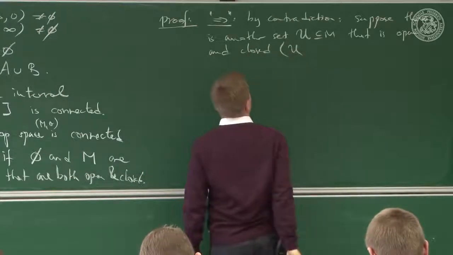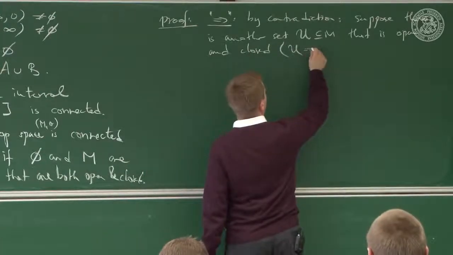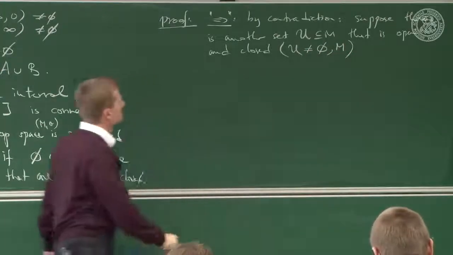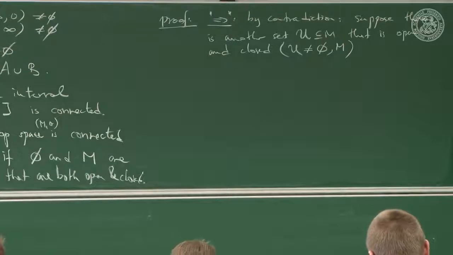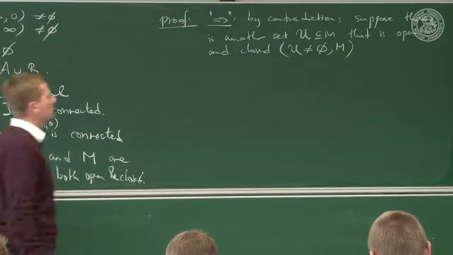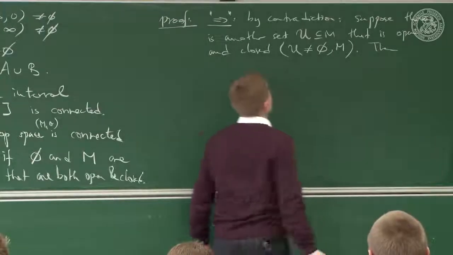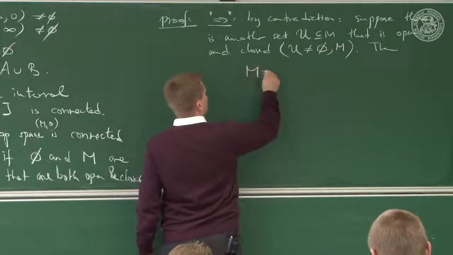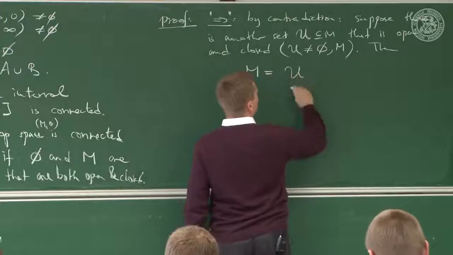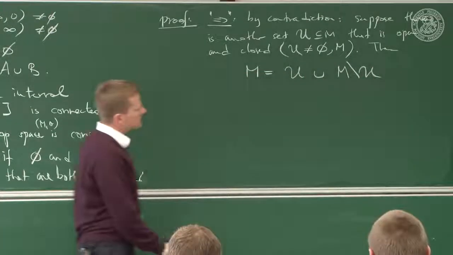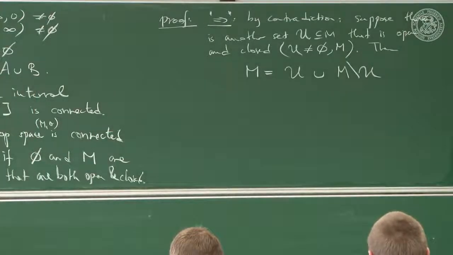And obviously another, by this I mean U is not the empty set and U is not the entire set. Suppose you got such a set, open and closed set. Then you can write M equals U union M without U. Well, that's always true for any subset.